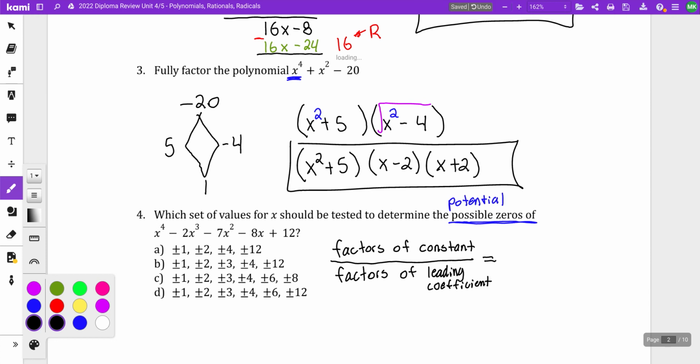So these are places that you might have an x-intercept. Factors of the constant. That's values that could divide into positive 12.